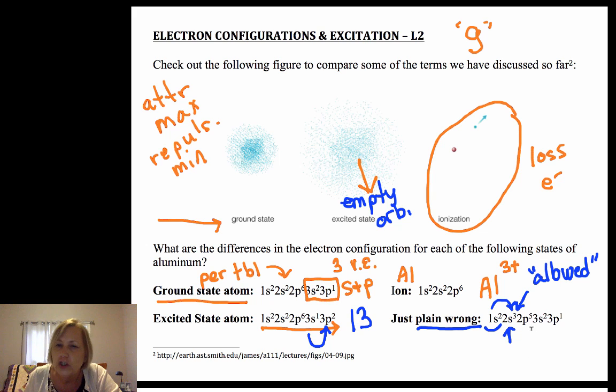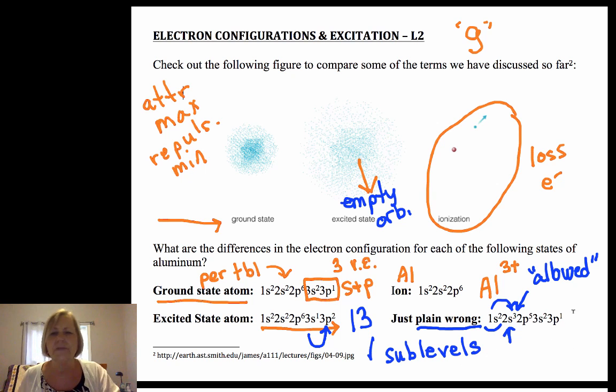Now, had that been a 2 there, then yes, we could have had a different conversation. But always take a look and make sure that your sublevels have the right number. These are typically multiple choice questions. So always check your sublevels to make sure they have the correct number of electrons and no more than they are allowed.